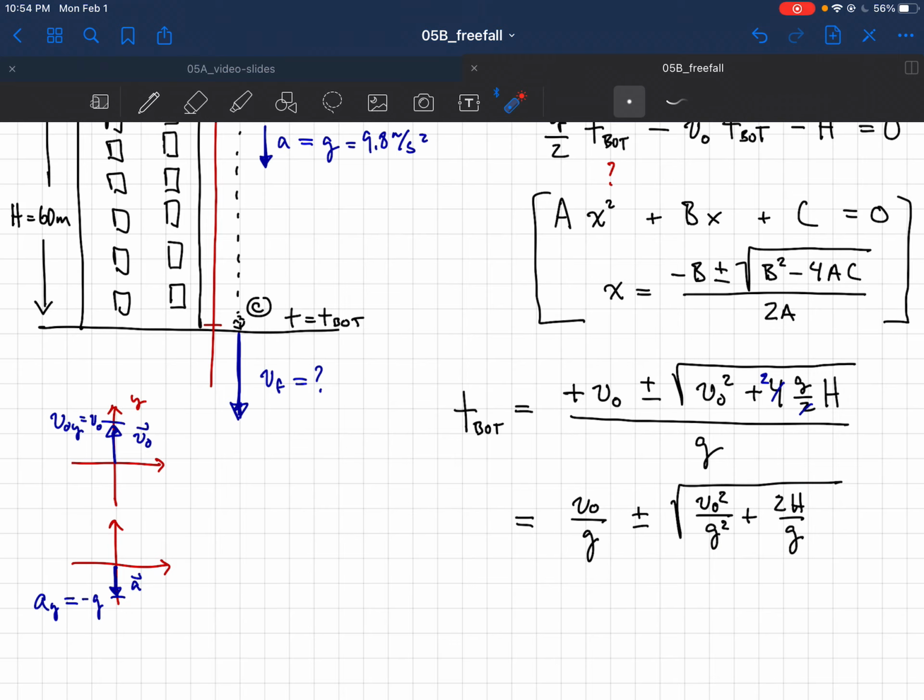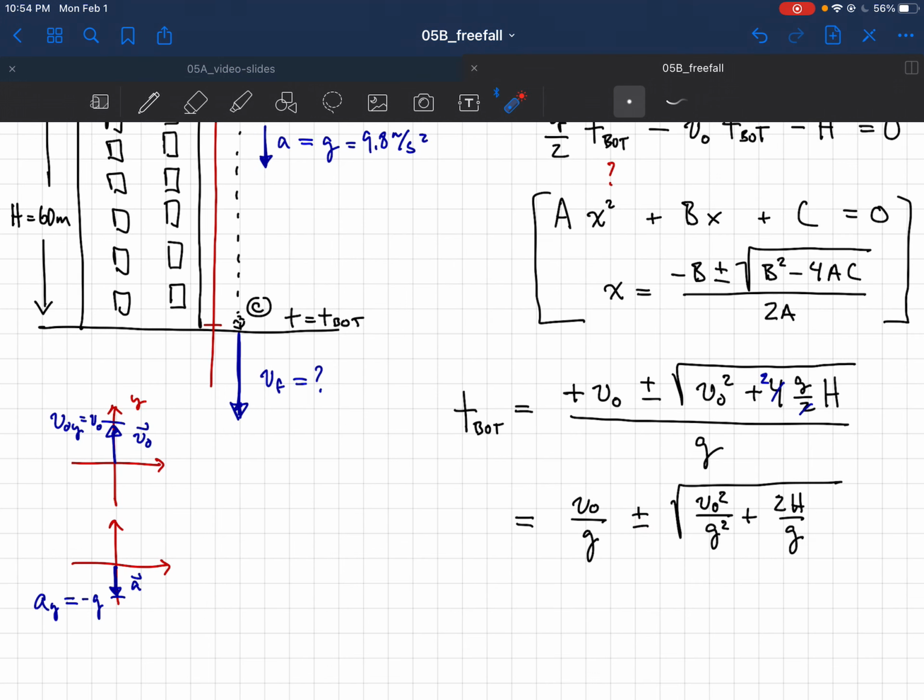If you look at this, you can see that if h was equal to 0, then this whole thing would just become the square root of v over g squared, which is just v over g, and the v minus v would be a 0 there. But instead, you have something here, so that means that this whole thing is going to be larger than v over g. And that means that the one with the minus sign is actually a negative time.